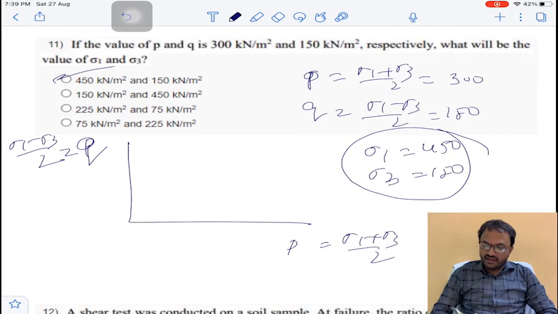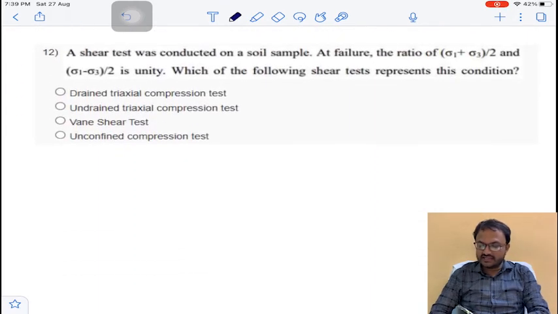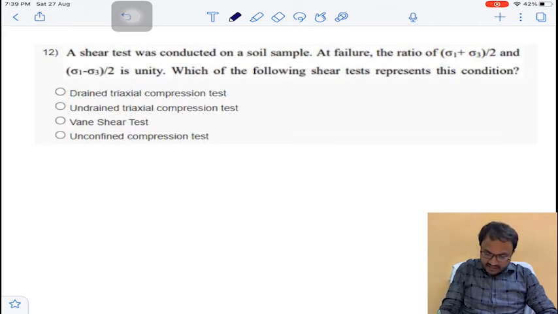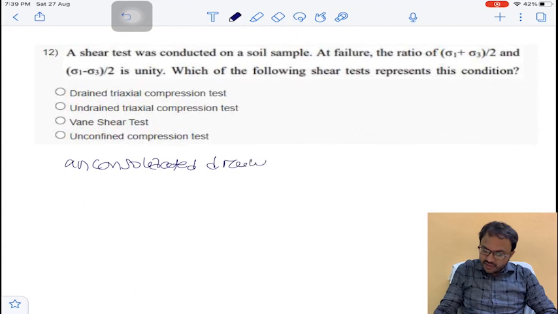Now a shear test was conducted on a soil sample at failure. The ratio of sigma 1 plus sigma 3 by 2 and sigma 1 minus sigma 3 by 2 is unity. So which of the following test it will occur? Generally, in consolidated drained test, slope of this stress path, it is Q. P is equal to sigma 1 plus sigma 3 by 2.